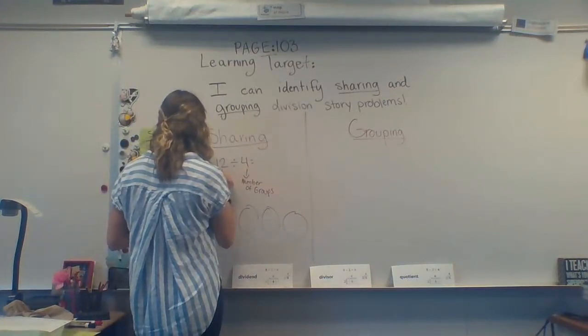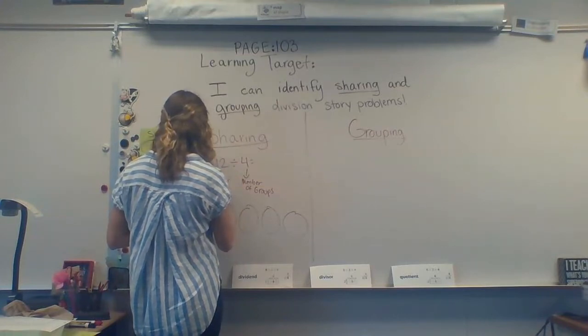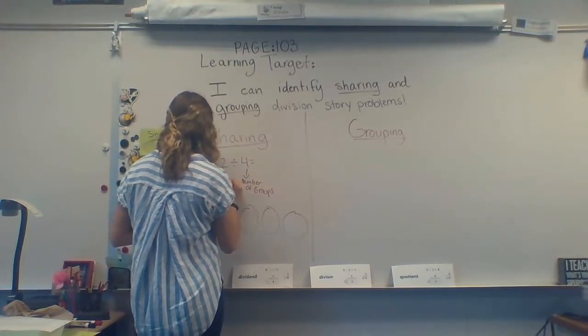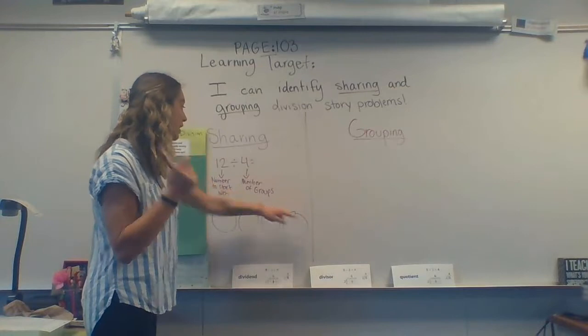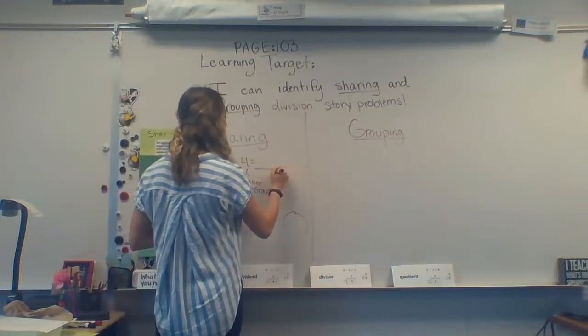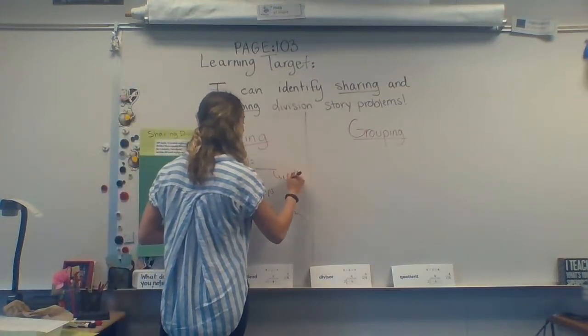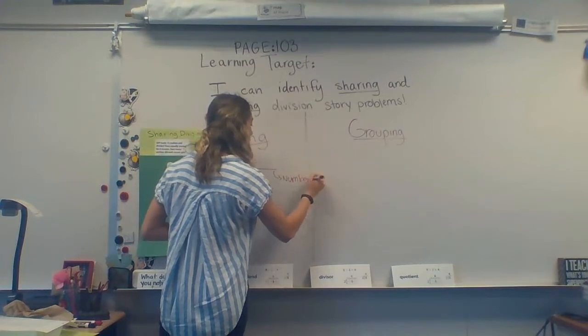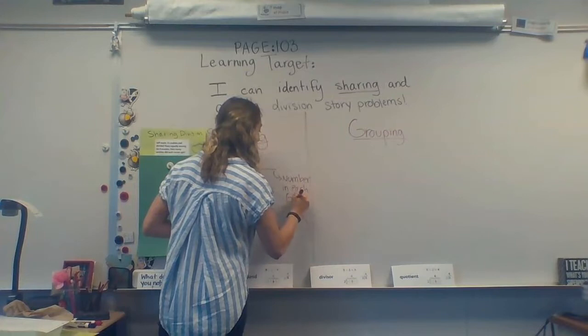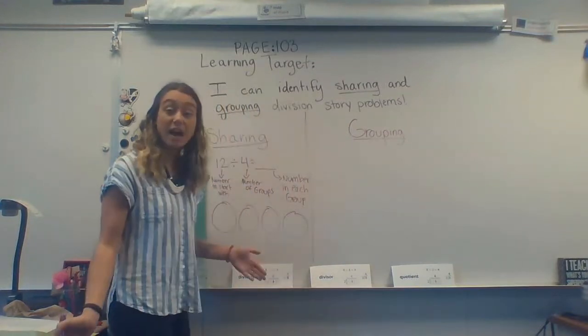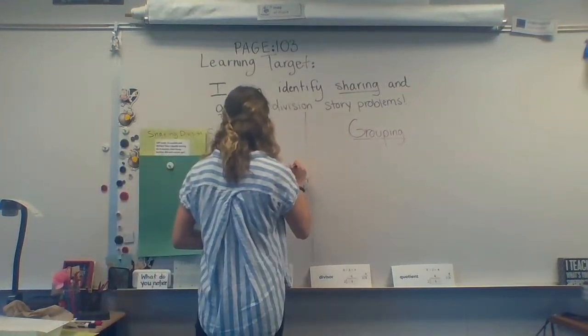Number to start with. We know that we're going to divide these 12 cookies into these 4 groups. So we're looking for the number in each group or the size of the group.